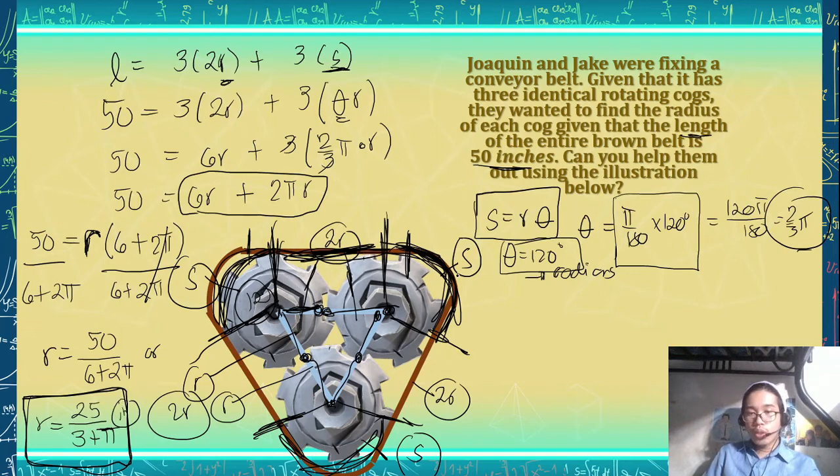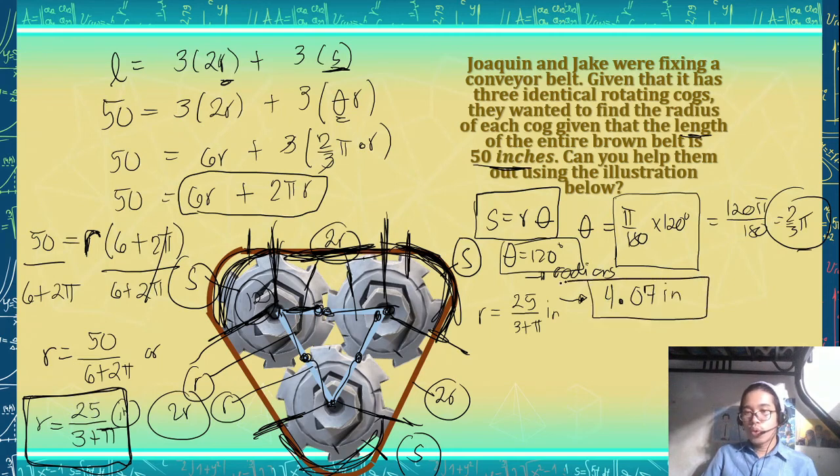If we want to take the decimal value, let's transform that into a decimal. 25 over 3 plus pi should give us 4.07. So that's approximately equal to 4.07 inches for this problem. And that's how we solved this given problem.